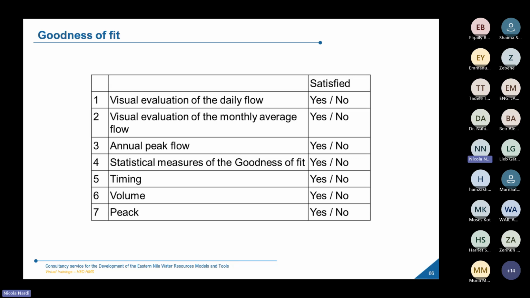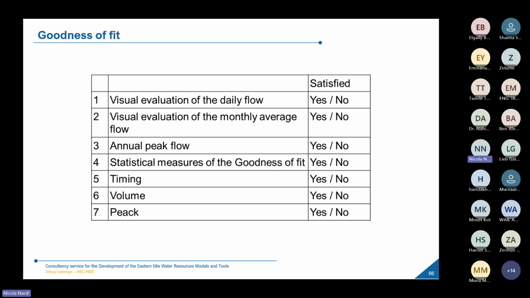So you need to compare both the daily and the monthly flows. And then what is really important is the peak flow, so the maximum flow that occurs, such as the timing, the volume, and the peak we already said.